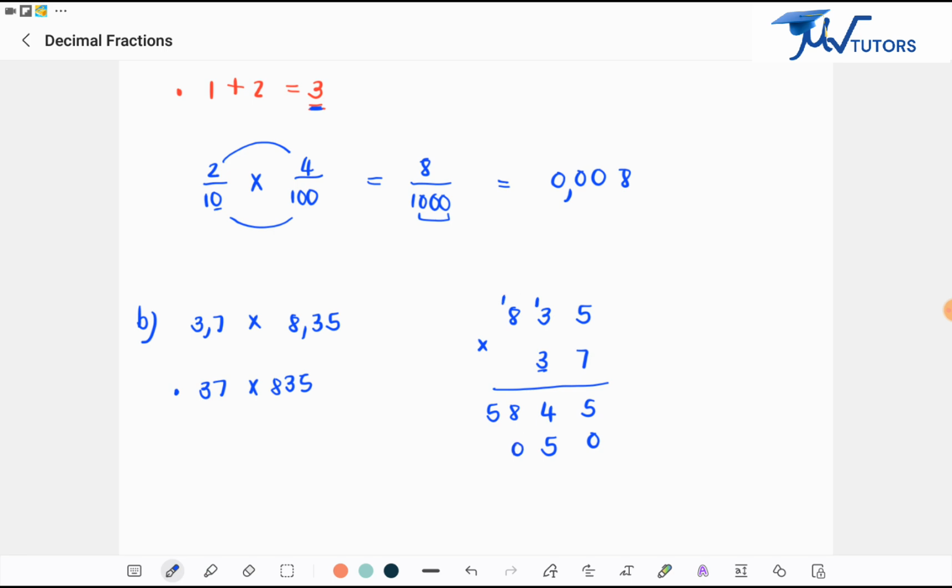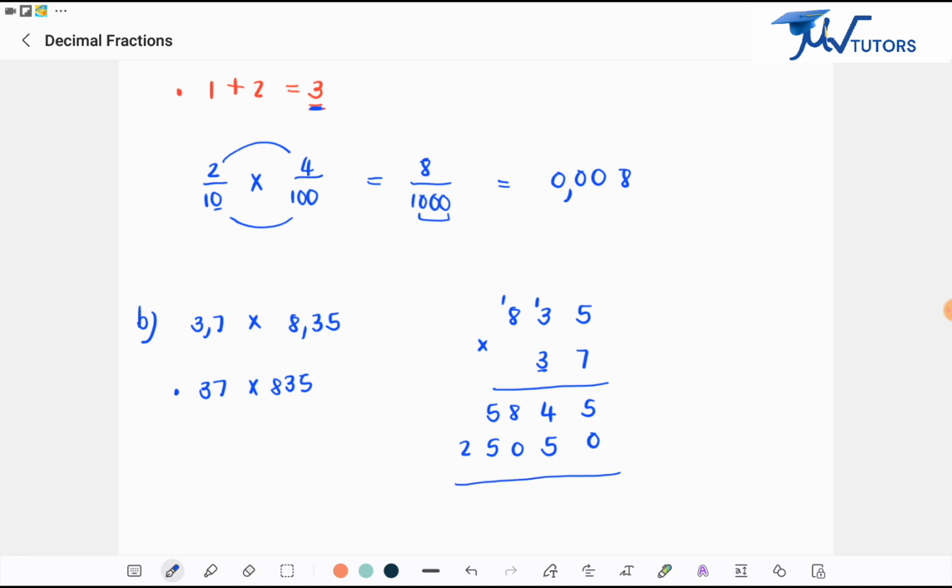We're going to carry the 1 again. 8 times 3 is 24, and then plus that 1, we're basically going to have 25. Okay, so basically 835 multiplied by 30 is going to be equal to 25,050.